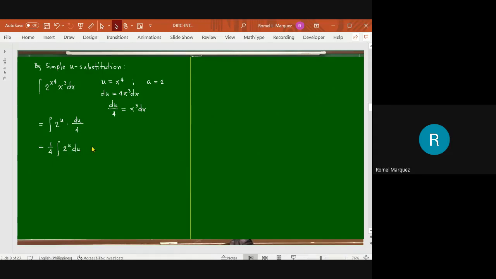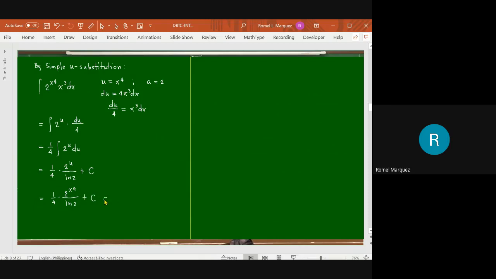If the integral is a to the u du, what's the answer? The answer is a to the u over ln a, then plus c. But of course, u is not the original. So that is 1/4 times 2 to the u, but u is x to the 4th, over ln 2, plus c.